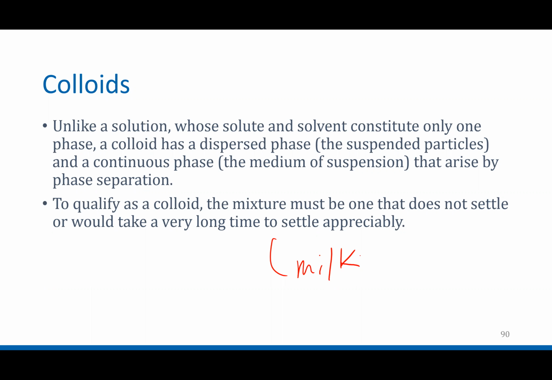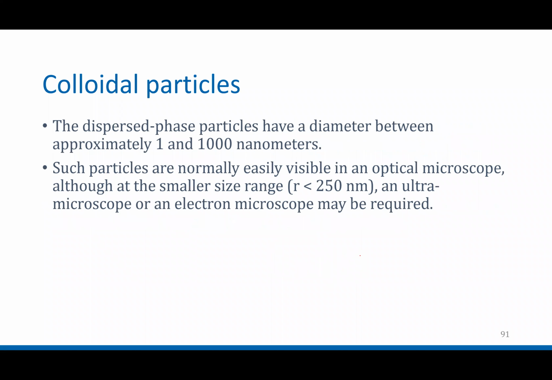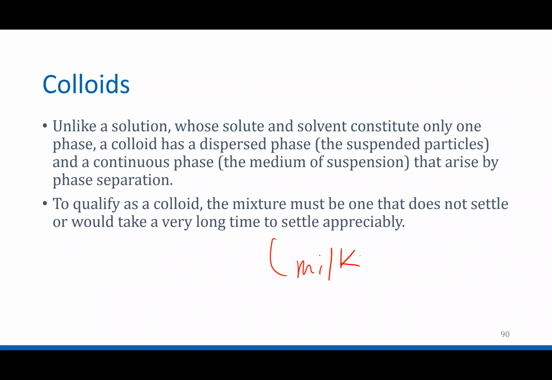Sometimes when you have a can of coconut milk, the milk fat has separated and risen to the top. So when you use coconut milk, you typically have to shake the can first to redisperse the solid. It's still a colloid though, because coconut milk could be good for days. So the definition of a colloid is that the mixture should not settle. The dispersed phase shouldn't sink to the bottom very quickly.